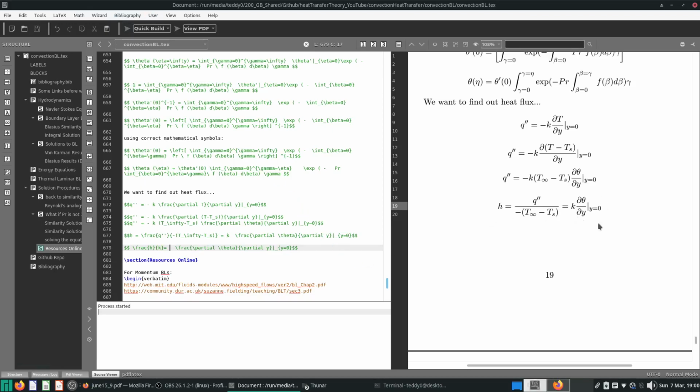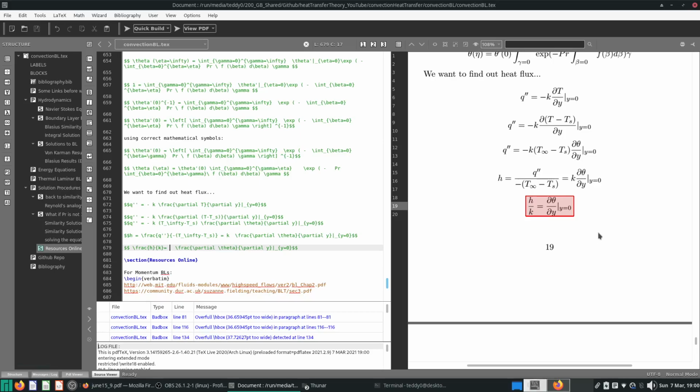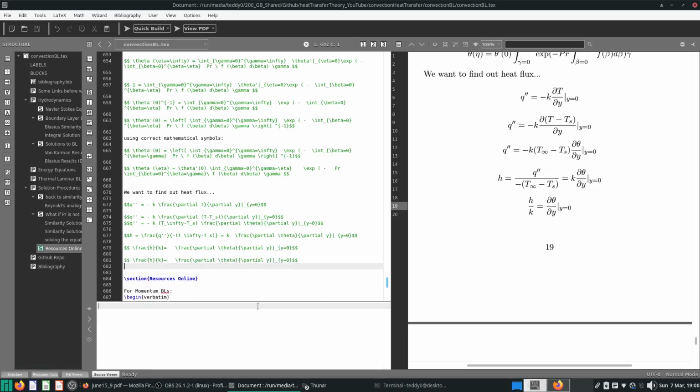The last bit for us will be to do some change of variables here. So this partial theta, partial eta, and then you need to multiply by partial eta, partial y.